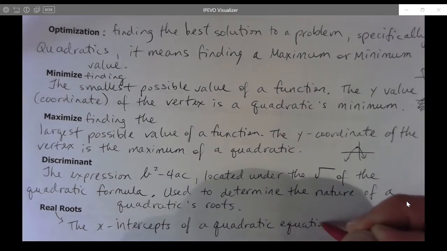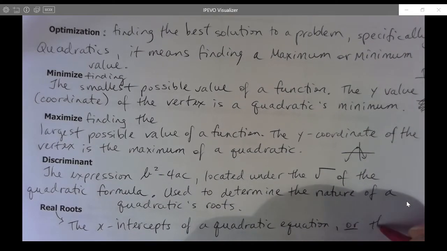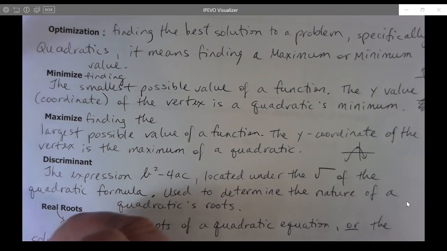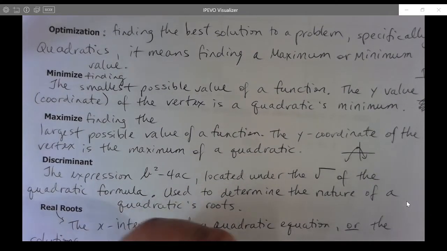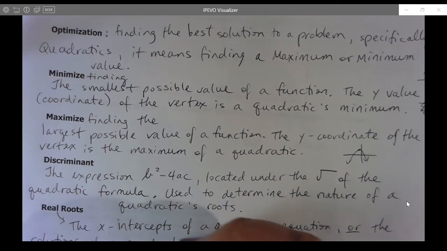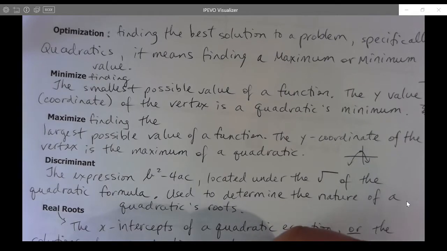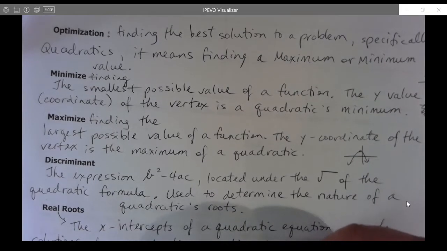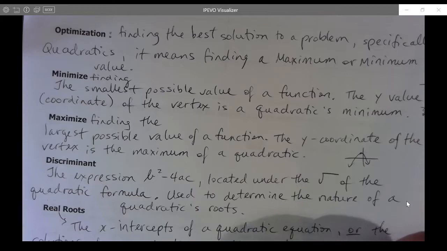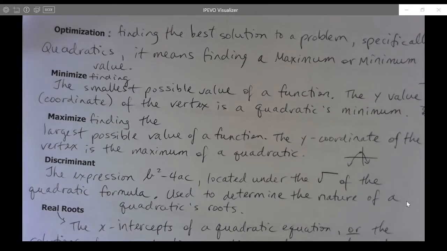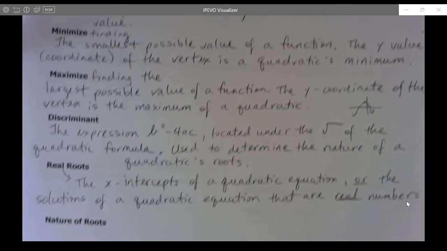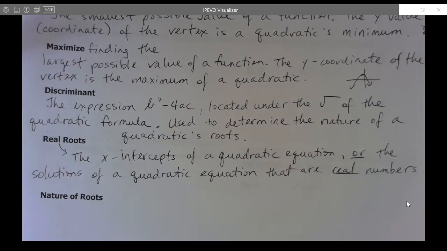Another way you could say this is the solutions of a quadratic equation that are real numbers. And of course you should remember from grade 9 that real numbers are numbers that actually exist on a number line. Feel free to pause if I'm writing too fast.